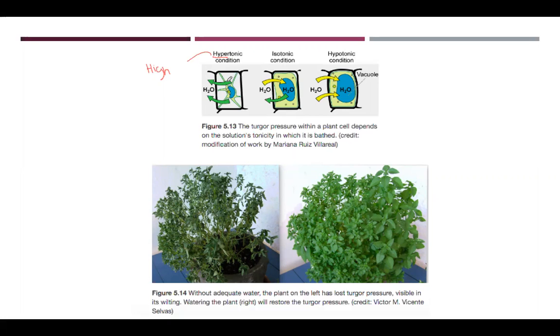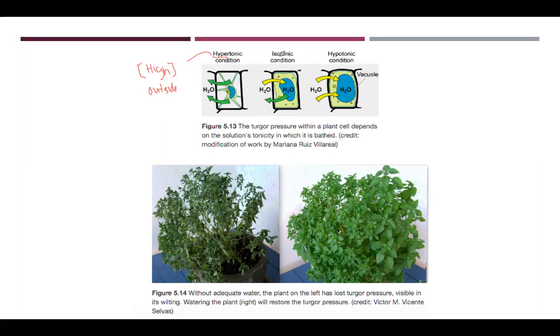So the water wants to balance that out, so it leaves the cell. There's a higher concentration outside, and the water wants to help alleviate that to even out. So all the water leaves.